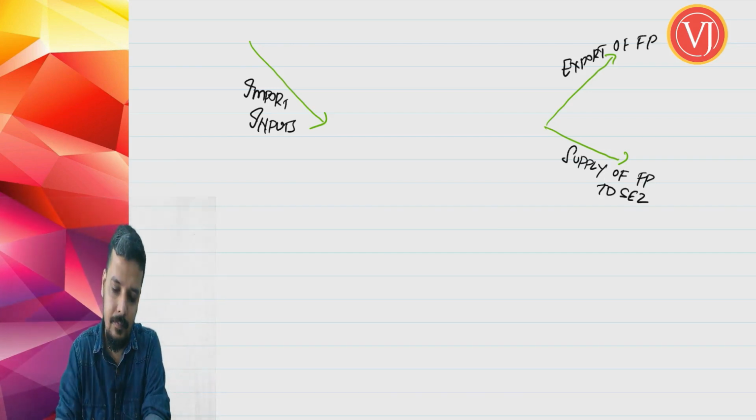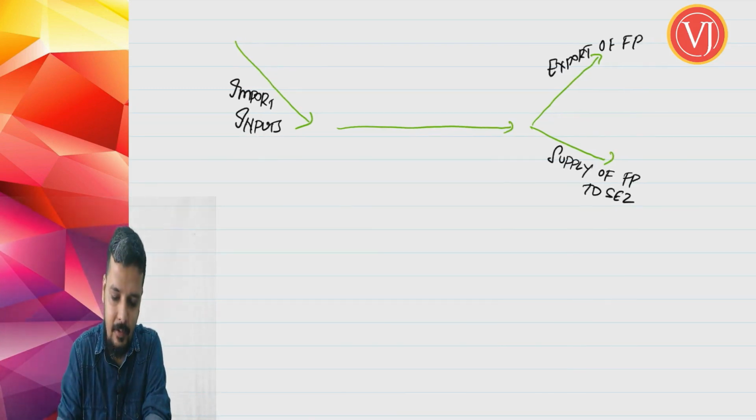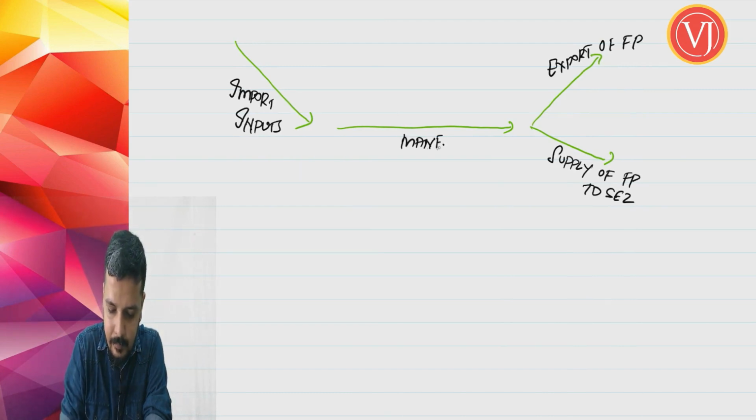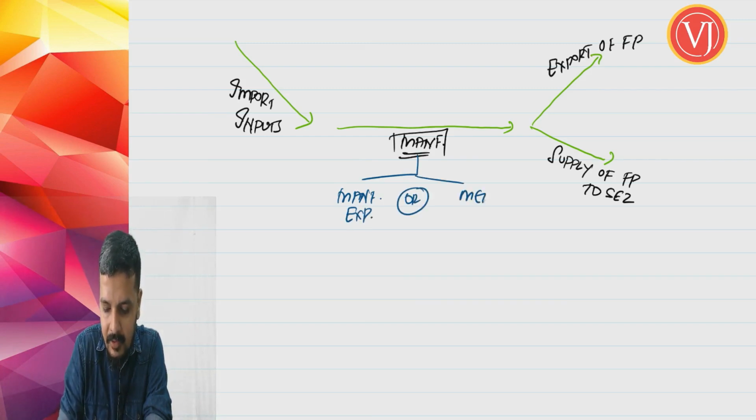Special economic zone. And what is happening in India is manufacturing. Either you are talking about a manufacturer exporter directly who is doing all these things, or you are talking about a merchant exporter who is tied up with a supporting manufacturer, which we have discussed earlier.